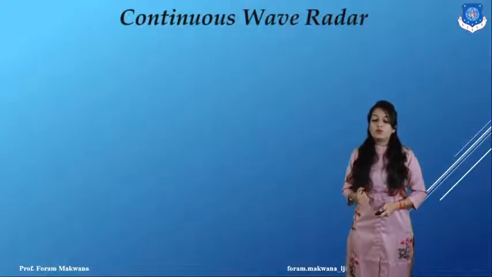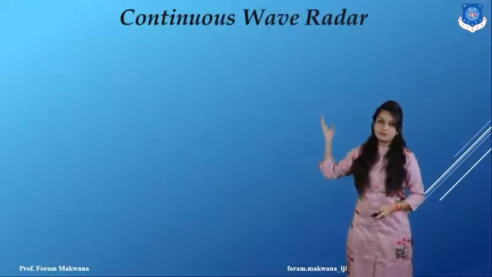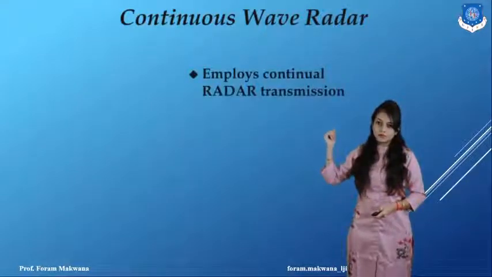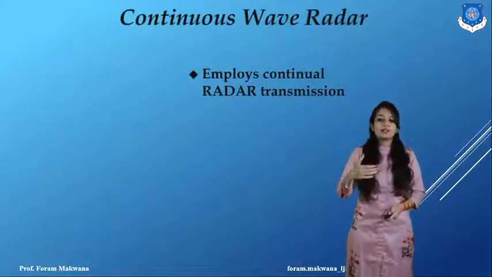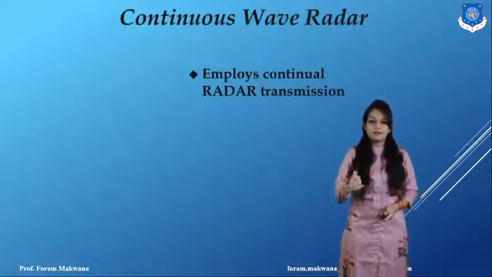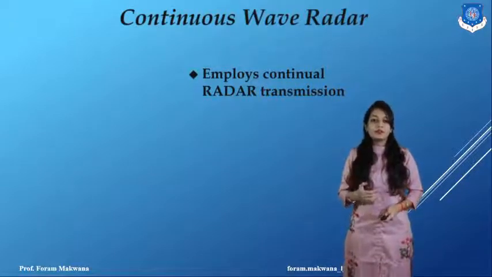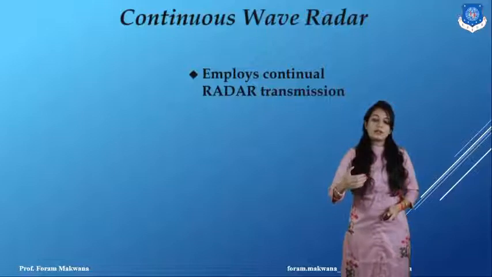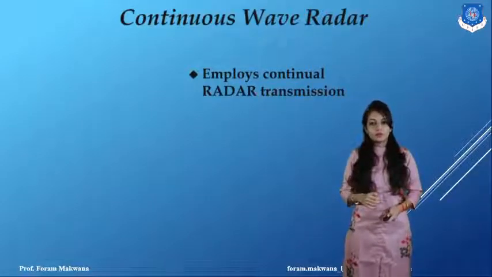Now we are focusing on the first type of basic radar, the continuous wave radar, in which we transmit a continuous signal, a continuous wave, to the target.